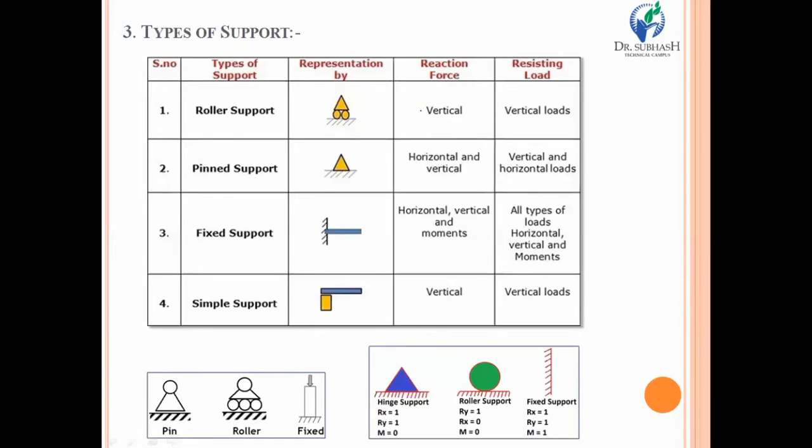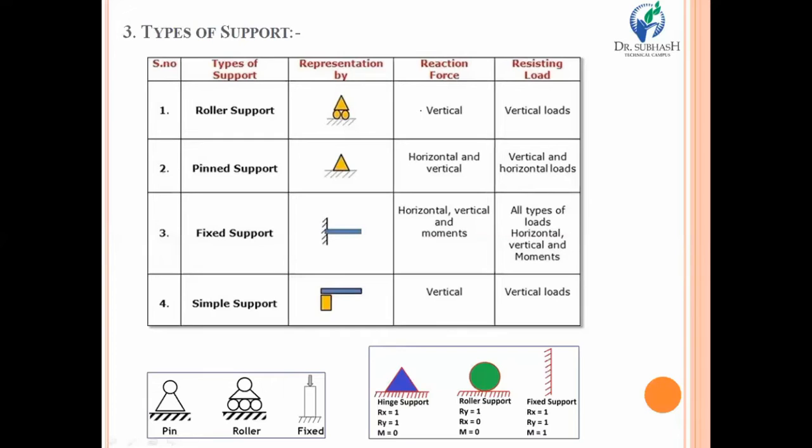Suppose you are using roller support, then we all know that if you apply a horizontal force on the beam which is supported by the roller support, it will move in the horizontal forward direction. So it's clearly understood that it will not resist. Whenever there is no resistance, it will not set up any resisting force.